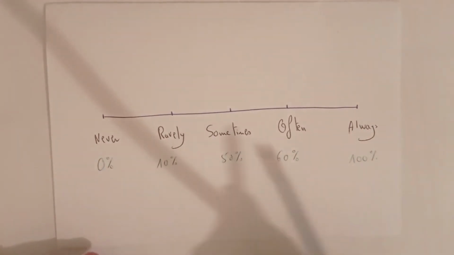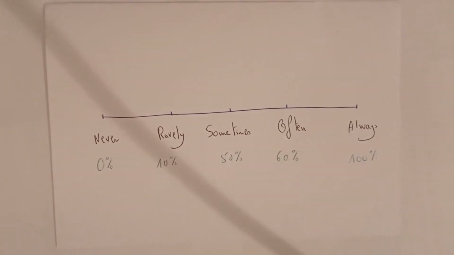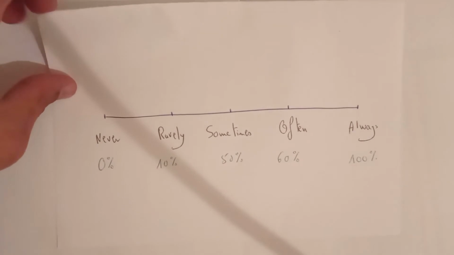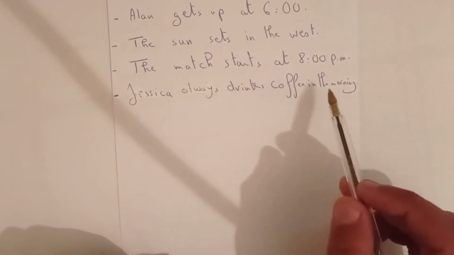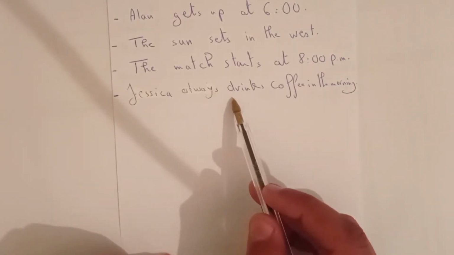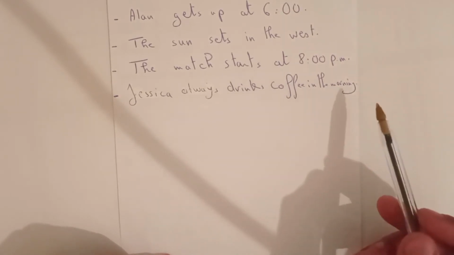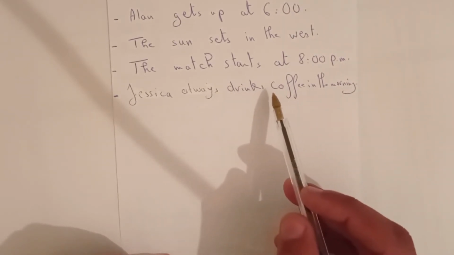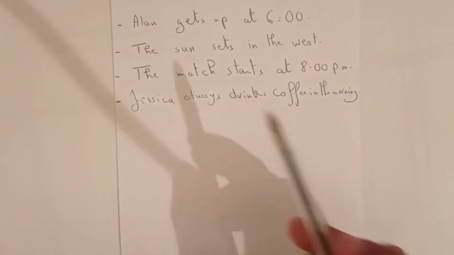So we call these adverbs of frequency. We use them to say how often something happens. For example, in this sentence, Jessica always drinks coffee in the morning. It tells us how often something happens. What is this thing? Drinking coffee. So drinking coffee here happens always.